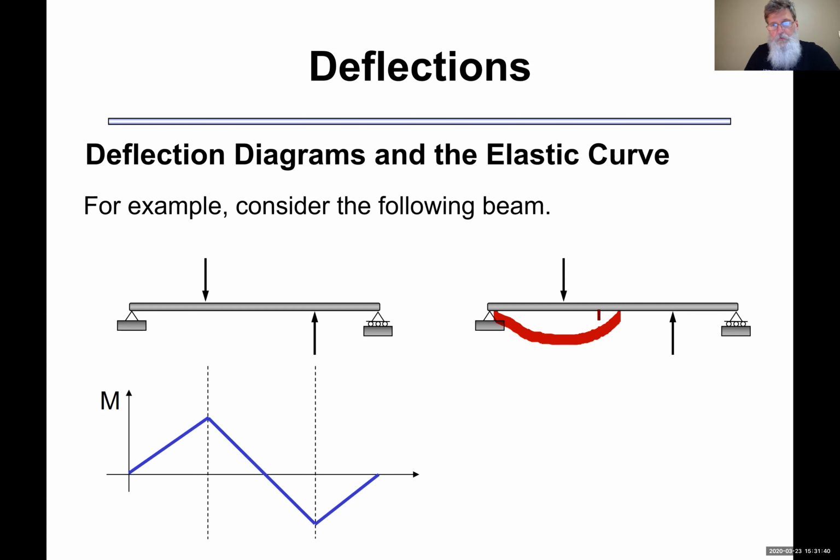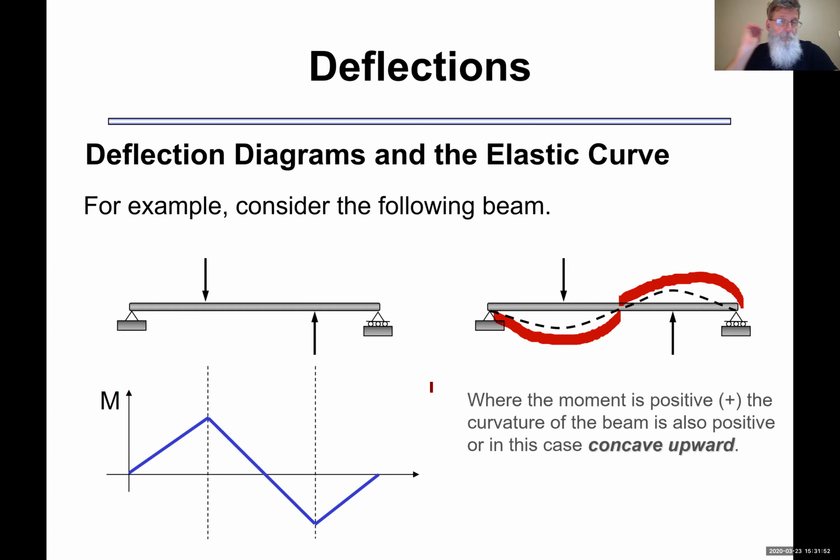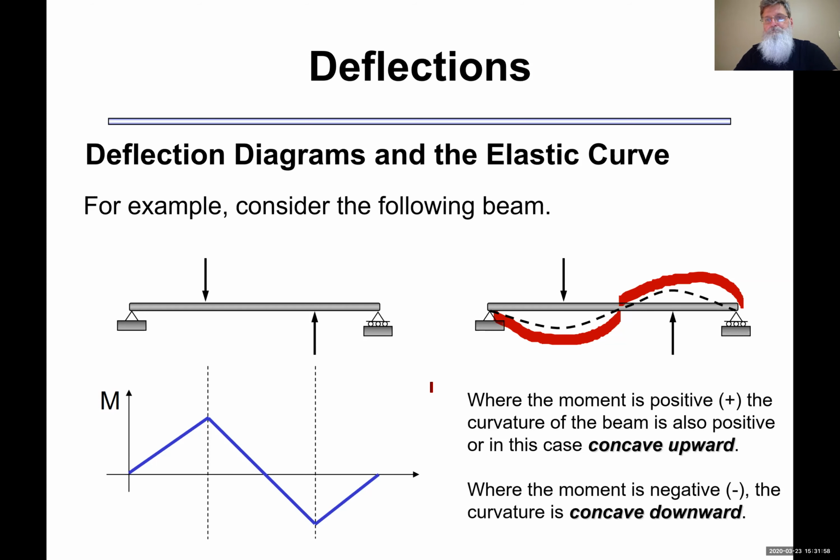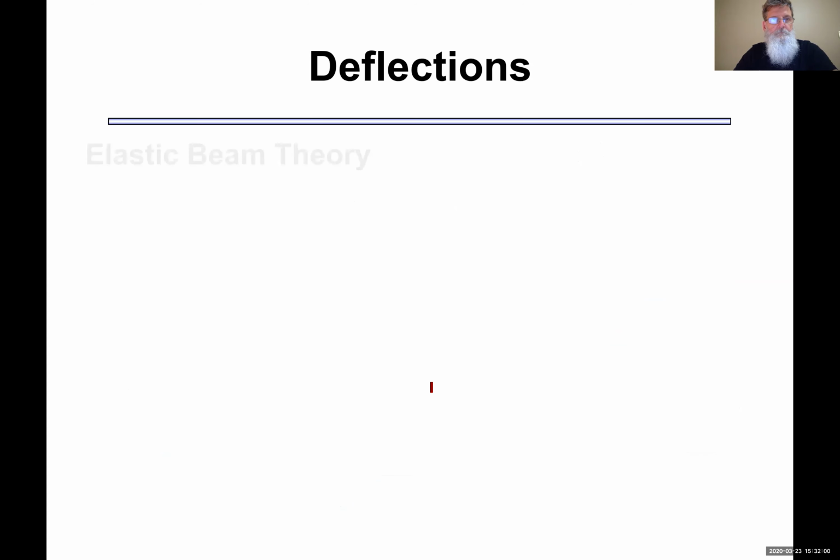And over this last part, that's negative, it should be a frown. So look at that. You've almost visualized what the displaced shape should look like. And there you go. Positive moments are going to be concave up. Negative moments are going to be concave down.